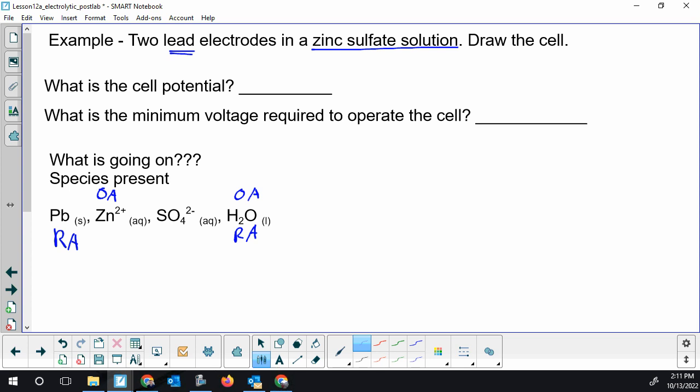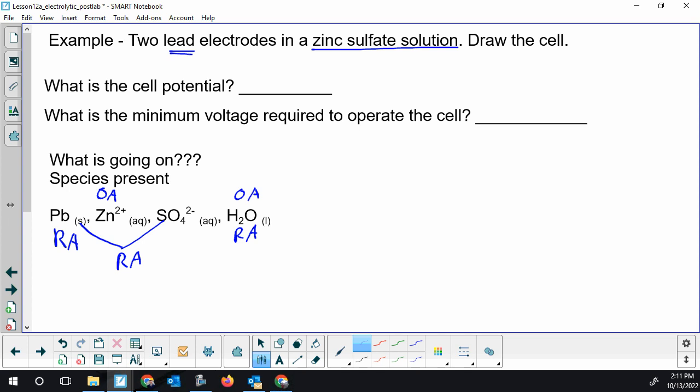But on the RA side, we do have a pairing. We've got lead and sulfate together. It's at the -0.36 volts. We got lead, we got sulfate, we got that RA combo. So I'm kind of connecting them together to say those 2 are a reducing agent.